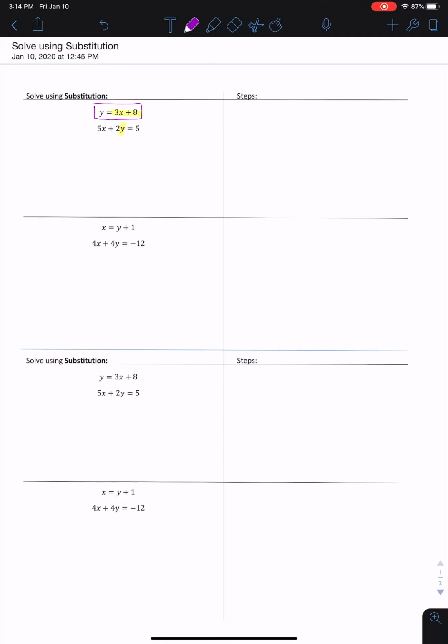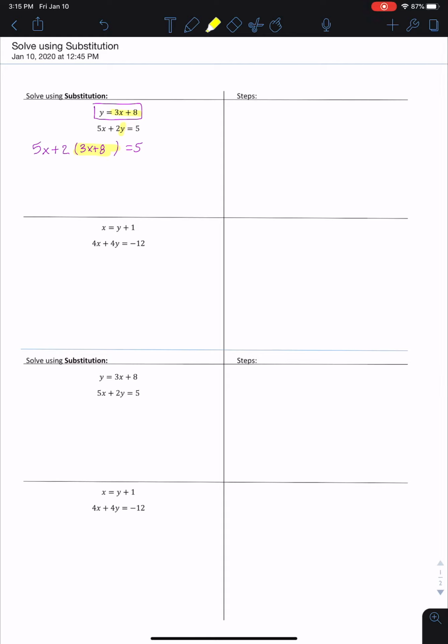that means that this y is equal to the same thing. So I'm going to rewrite the second equation, but instead of y, I'm going to use parentheses, and this thing y is equal to 3x plus 8. And then keep copying, okay? So I took out the y, and I replaced it with the 3x plus 8 from the top equation.